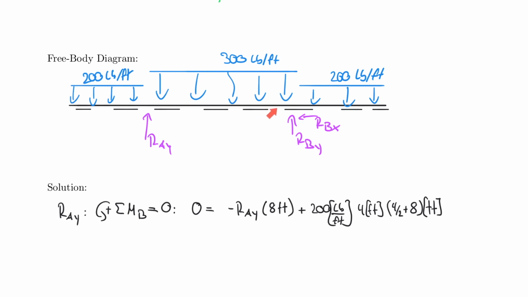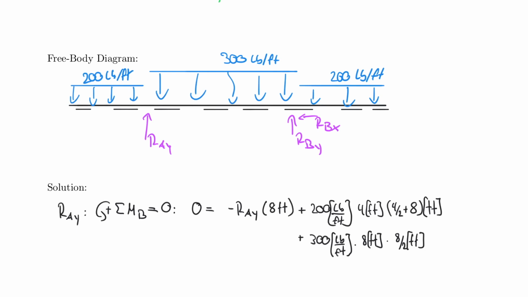So the 300 turns also counterclockwise. Therefore, it's positive 300 pounds per foot multiplied by 8 feet in this case, and then multiplied by 8 over 2 feet. That's the lever arm in this case.